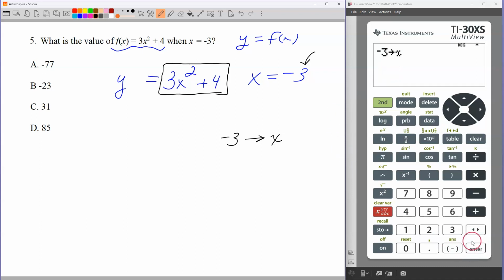Then you hit enter, and you're good. Don't forget to hit enter after you've done this piece so you see the negative 3 over here. Now I can just be assured that x is stored with the value of negative 3, and I just punch this side in. I just punch in 3x squared plus 4. So let's do that. So I'm going to punch in 3.